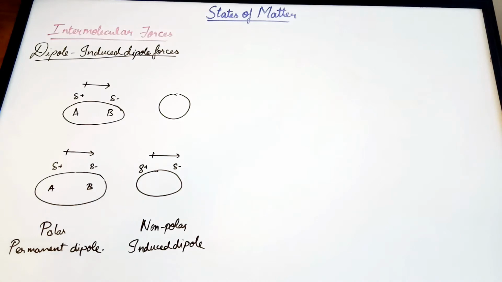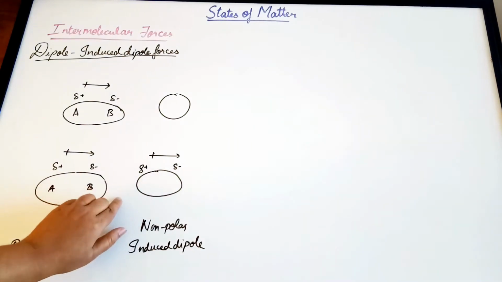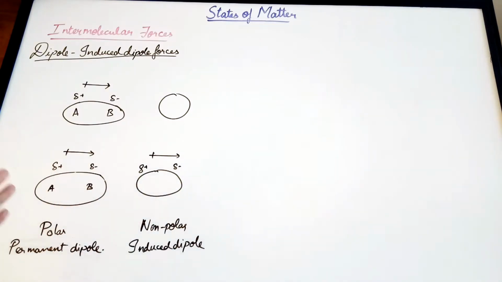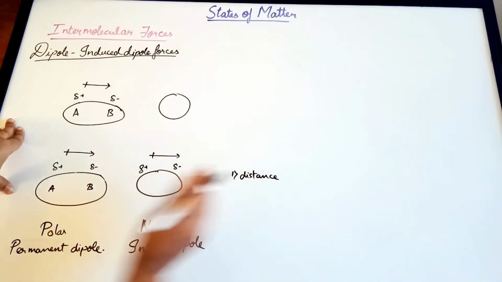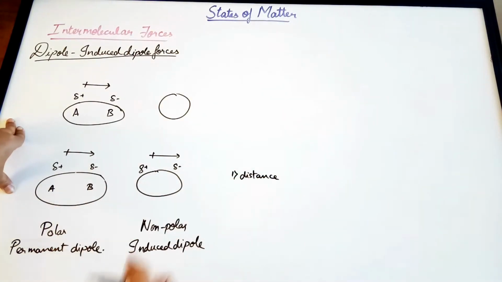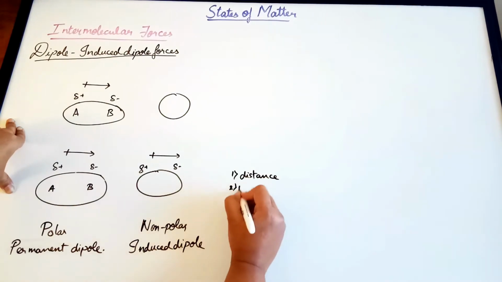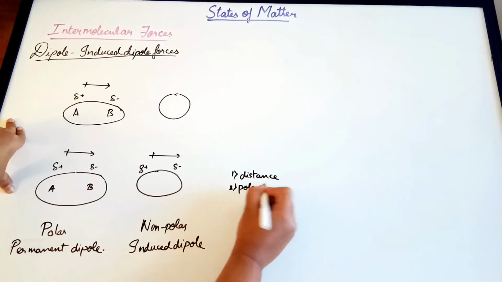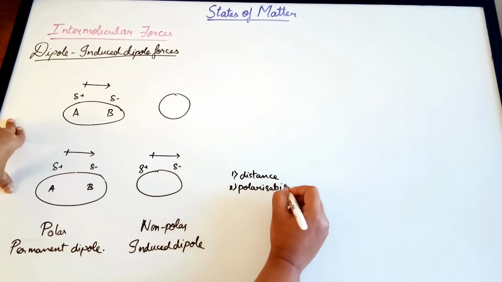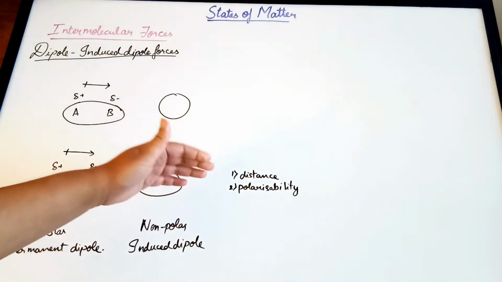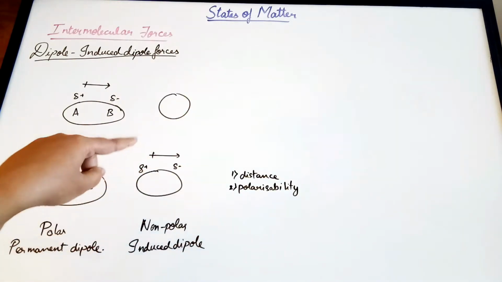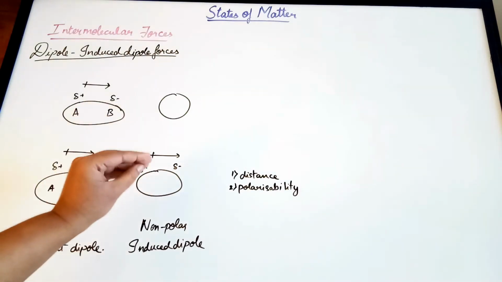Obviously the force is dependent upon two factors. First is the distance. The less the distance, the more the force. So the closer they are, the more force it will have. Second is the polarizability. And yes, we learnt about this in the first video about the intermolecular forces, when we learnt about dispersion or London forces. Polarizability is for the non-polar molecule.